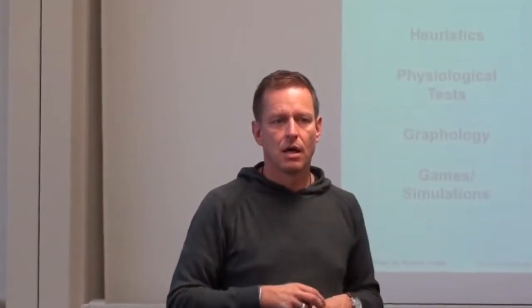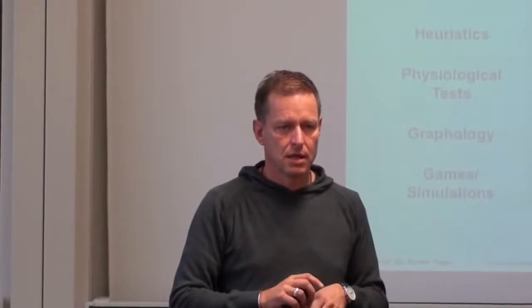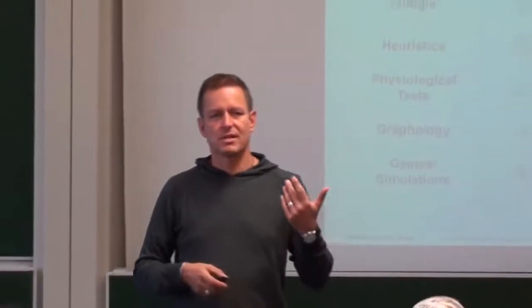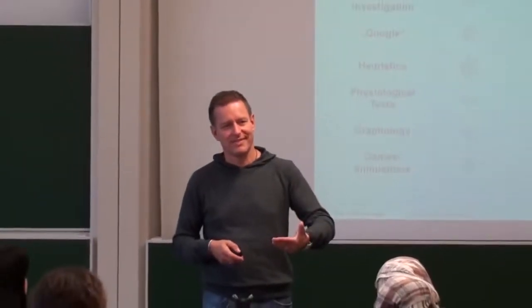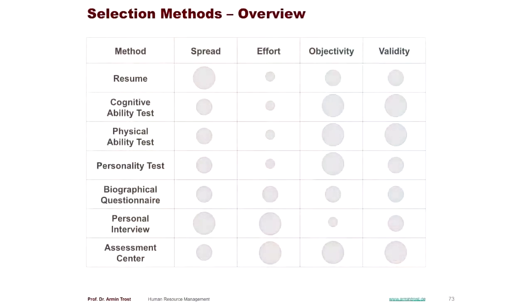How much does it cost me to use this method? We talked about how much it costs to look at a resume. Effort was really little. It's small. While an assessment center takes much effort. You spend an entire day with the candidates. That's really costly. That might cost you 2,000 to 3,000 euro per applicant.